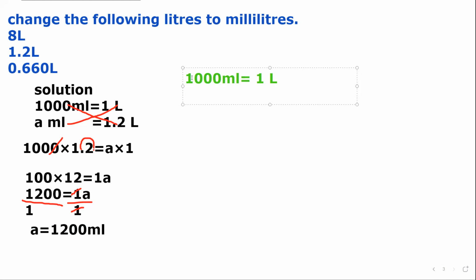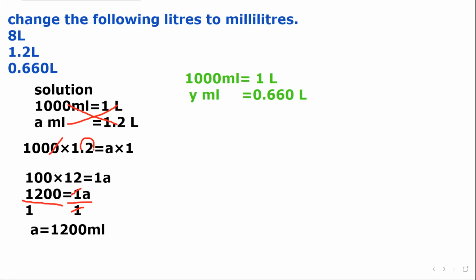Then, because you want to change the 0.660 liters, which means you don't know the mils here, you can also choose a small letter, y, to represent the mils, which must be equal to 0.660 liter.